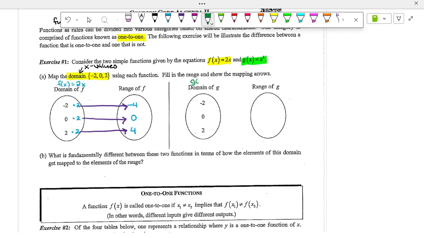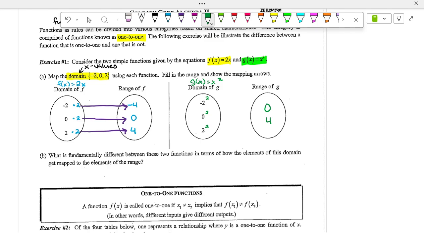All right. Domain of g. g of x is equal to x squared. So what's the only thing that I'm doing to these three numbers? Squaring them. So I'm going to square each number. What's negative 2 squared? Positive 4. What's 0 squared? What's 2 squared? 4.